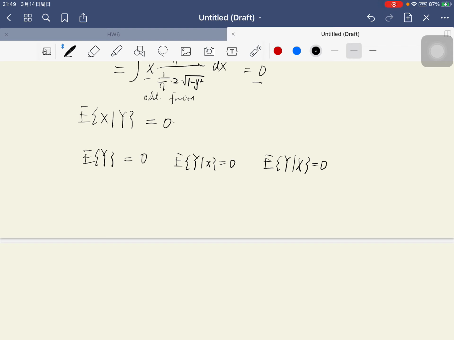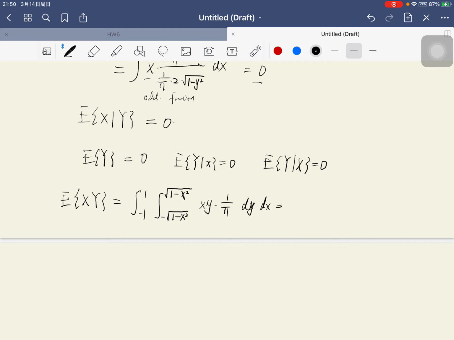And we want to compute the expected value of XY, which is equal to the integral from minus 1 to 1 dx, and y from minus the square root of 1 minus x^2 to the square root of 1 minus x^2, of xy times the density function, 1 over pi, dy dx.